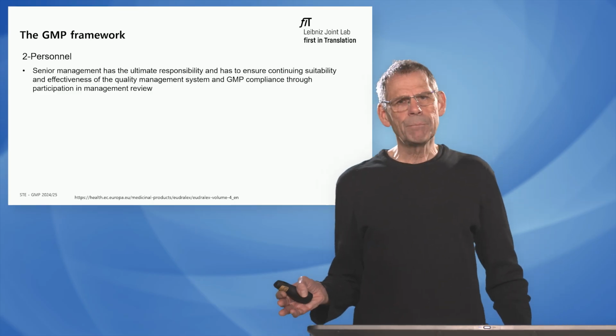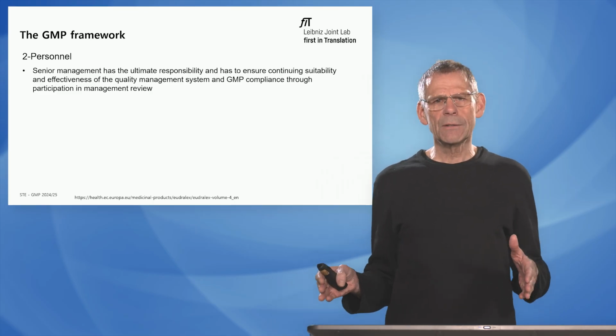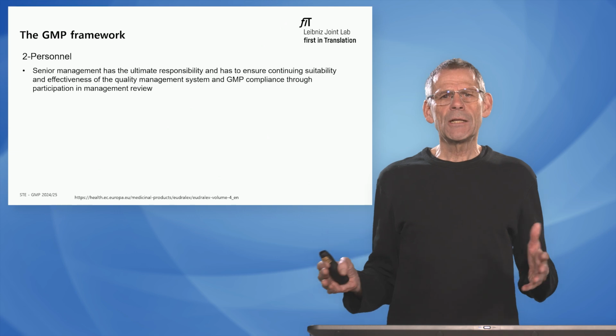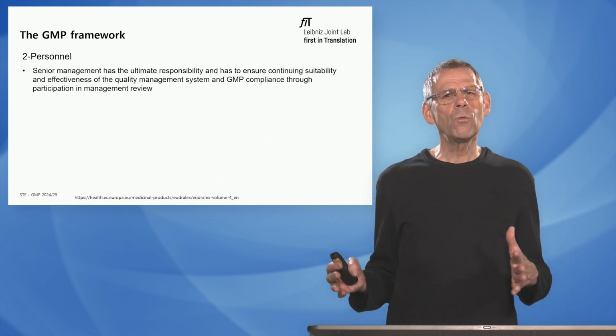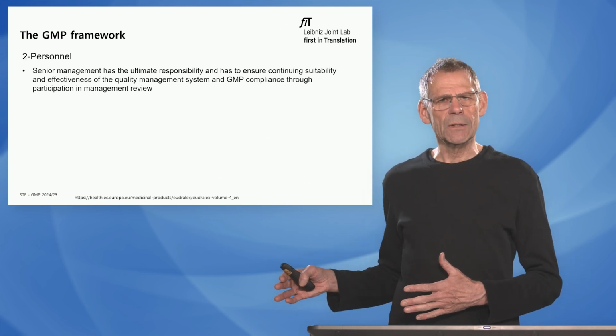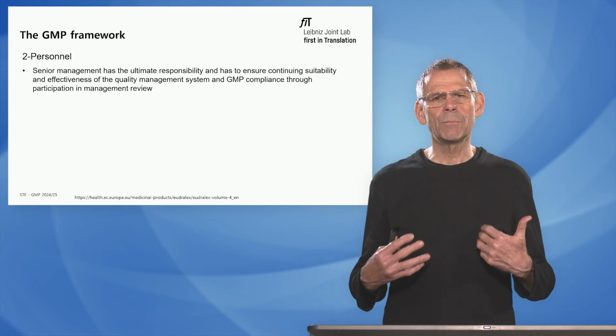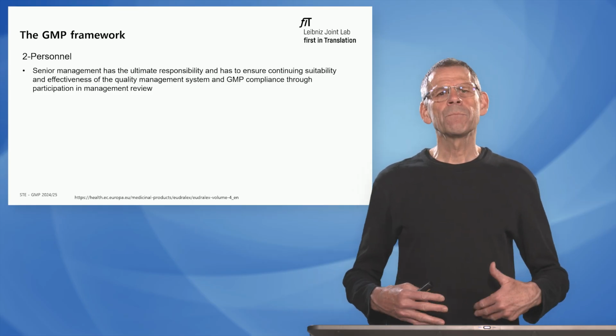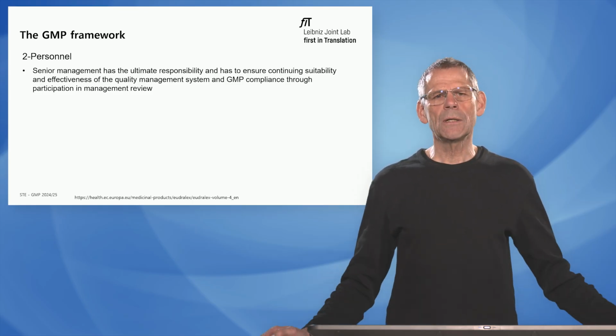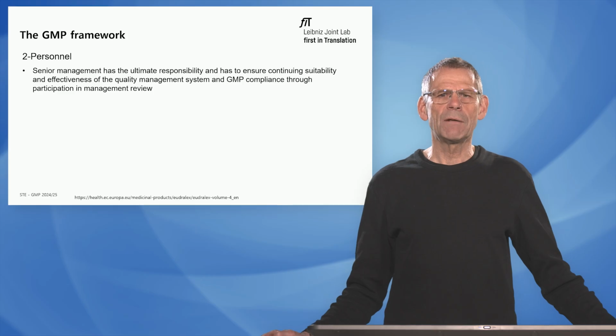This is, I think, a very important message, that the management cannot say, oh, I didn't know what happened down in my manufacturing. They are responsible and they have to provide the resources so that the staff can work in compliance with good manufacturing practice.